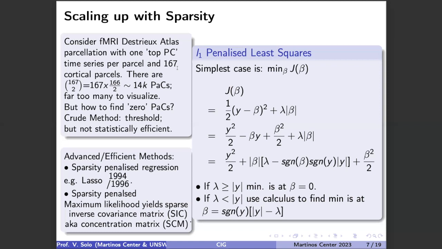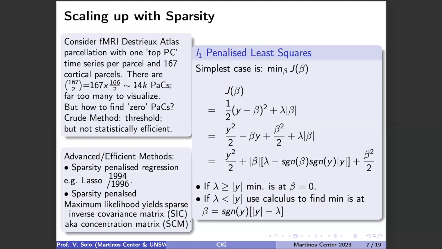But by the way, the pictures I had on the second slide, that's out of our paper, which I'll be talking about later. So you've got 167 choose 2, which is about 14,000 partial correlations. There's no way you're going to look at those things and decide that some fraction of them are zero. So what to do instead?